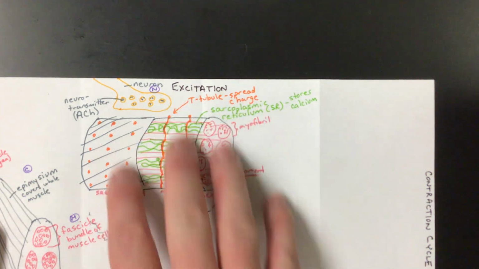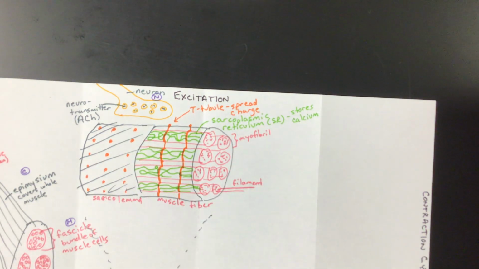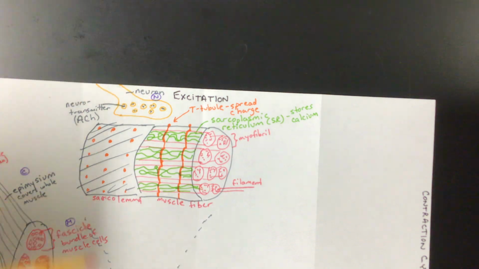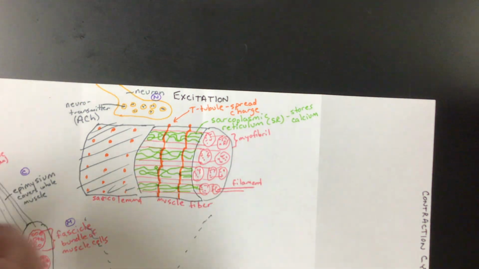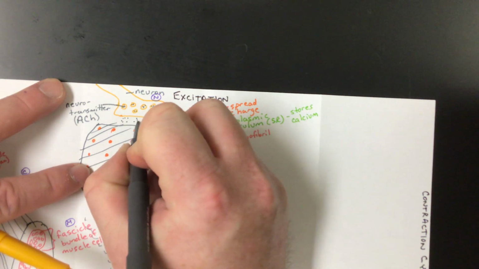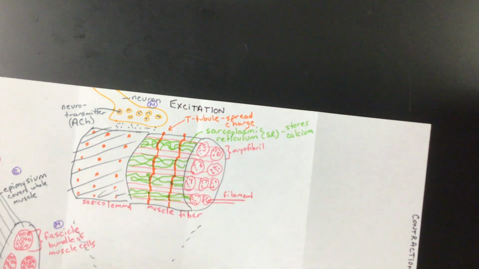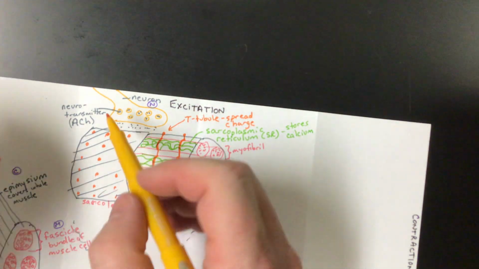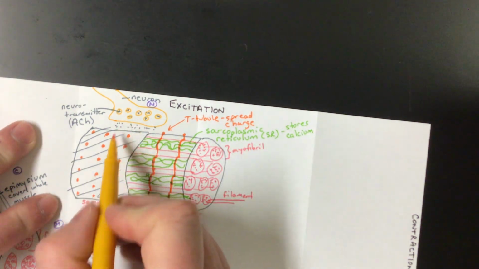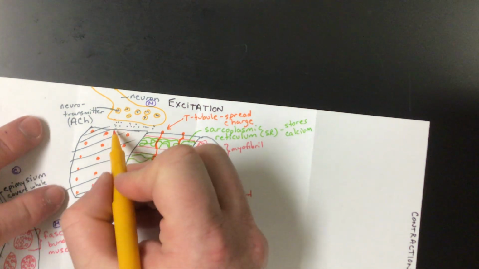So now that we have all of these structures in place, let's talk about the physiology. Let's talk about how they work. So when a signal comes down a neuron for a muscle to contract, the neuron will release that acetylcholine into this gap called the synapse. And then the neurotransmitters will bind the muscle and turn this chemical signal into an electrical signal.